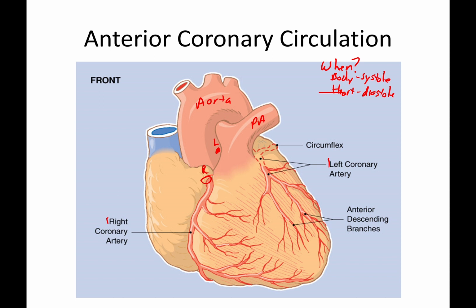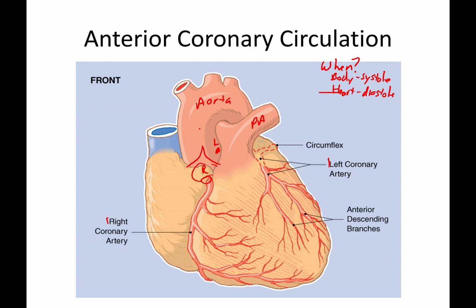How does it accomplish this? This is a really great design. During contraction and blood is flowing out, your valves are open. So heart contracts, valves open up. When they flip open to the sides of the aorta, they actually block the coronary arteries.